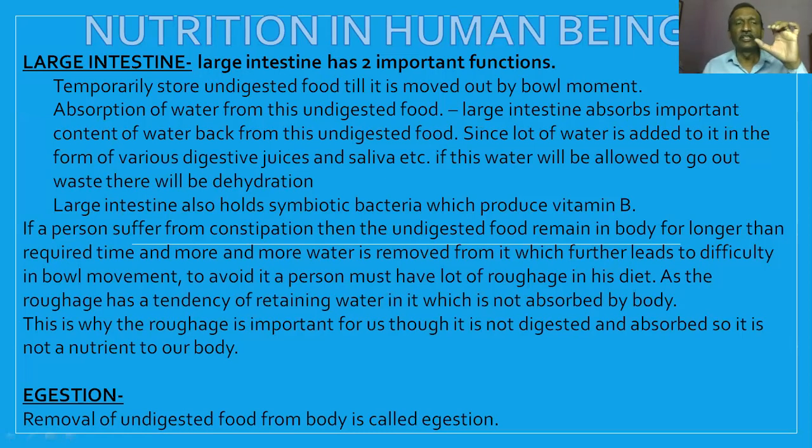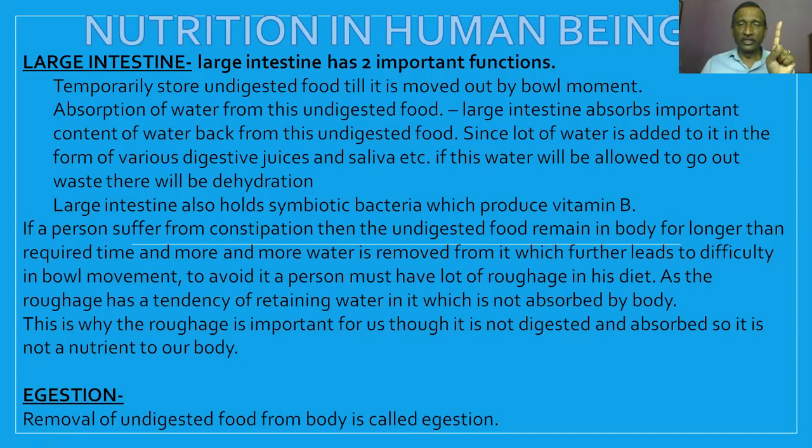It is much thicker compared to the small intestine, which is thin. The large intestine stores all the undigested food which has not been digested or which has not been absorbed. जो बेकार रह गए हैं, that is, now they have to be discarded. ठीक है? The large intestine serves four important functions.